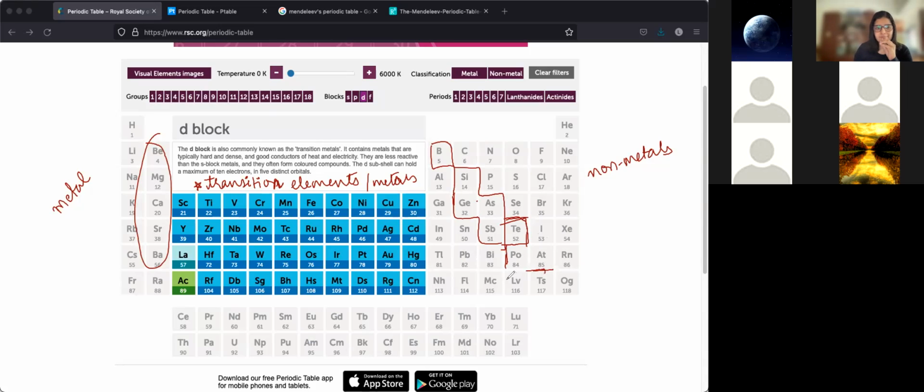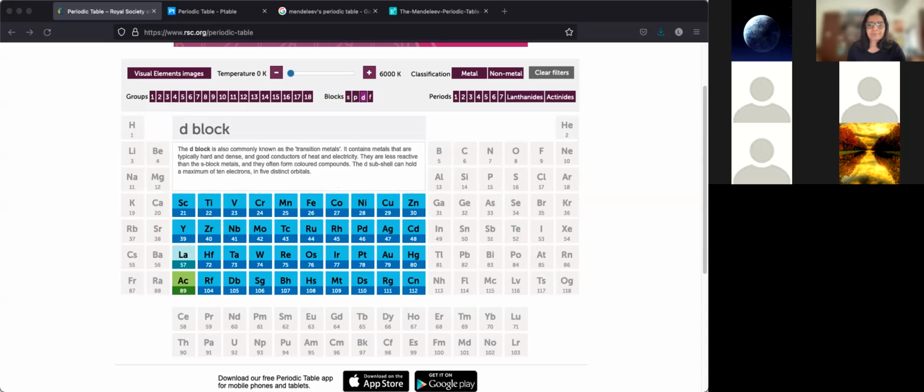So it's given, okay, it'll be counted. But basically, between metals and non-metals you find metalloids. So the D block is called transition elements. It's like a bridge. And then the F block.